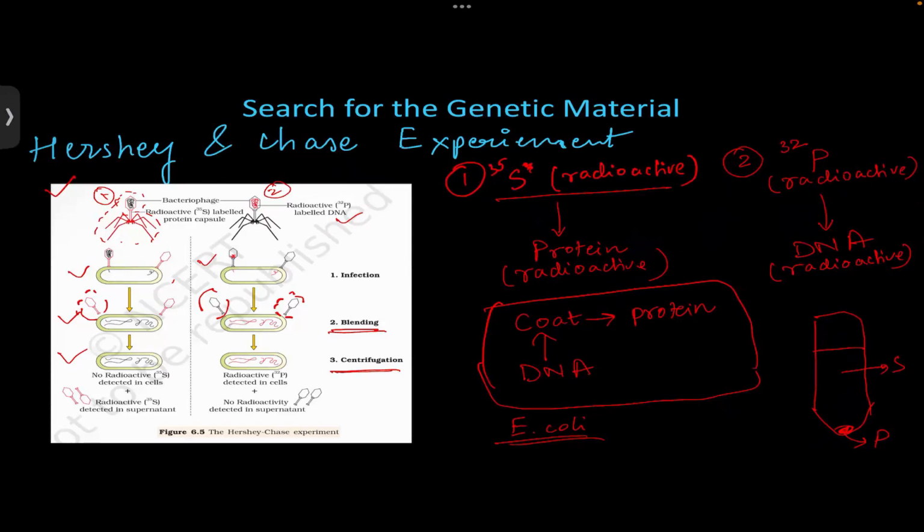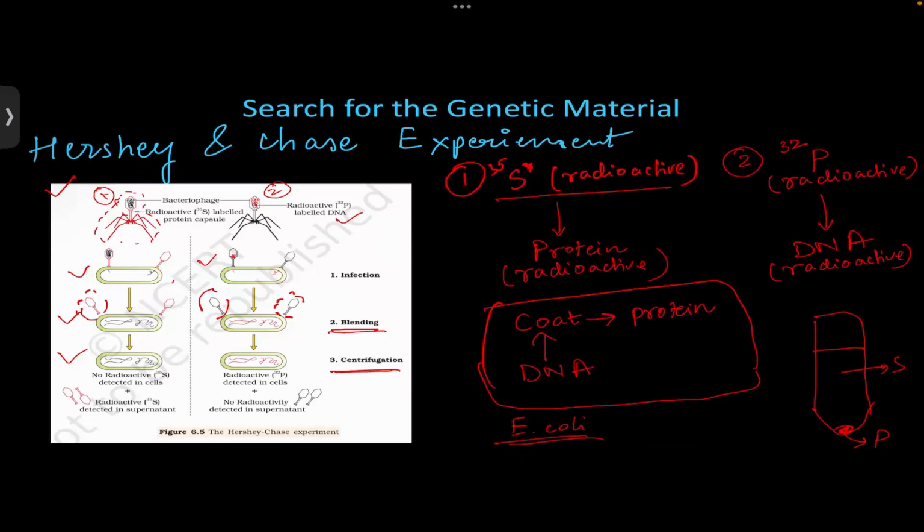It is not the protein which is getting transferred from the bacteriophage to the bacterial cells, E. coli cells. And as I previously told, the mechanism of bacteriophage is such that during infection, it transfers its genetic material inside the bacterial cell.